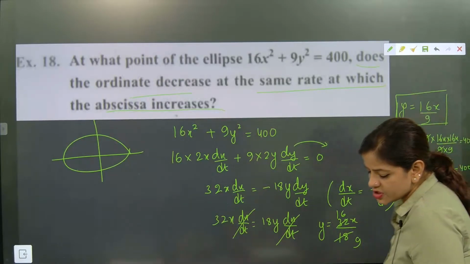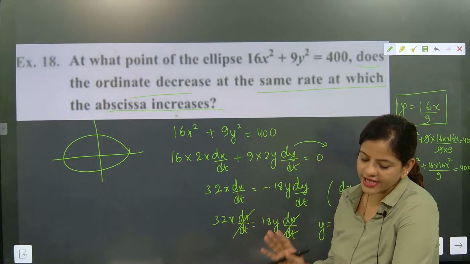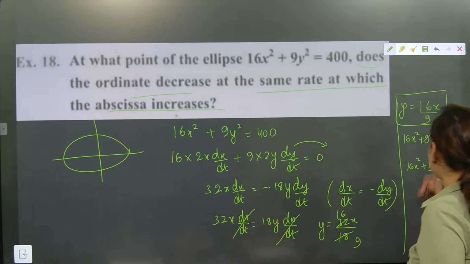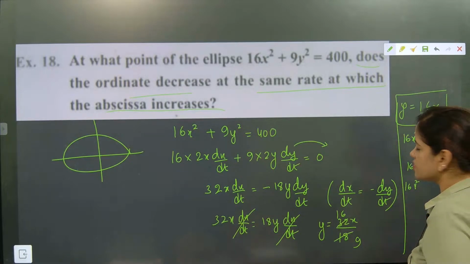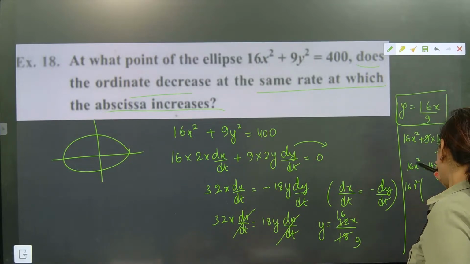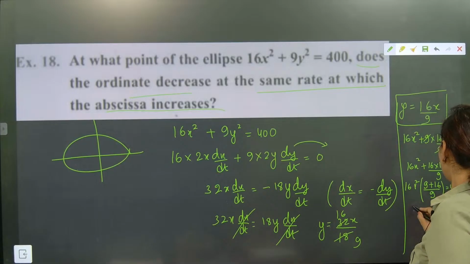Now we need to solve this and get the value of x. Once the x value comes, we will do one thing. We take 16x square common. Now it is coming as 9 plus 16 by 9 equal to 400. So x square is equal to 400 into 9 by 25 into 16. 25 fours are 100.